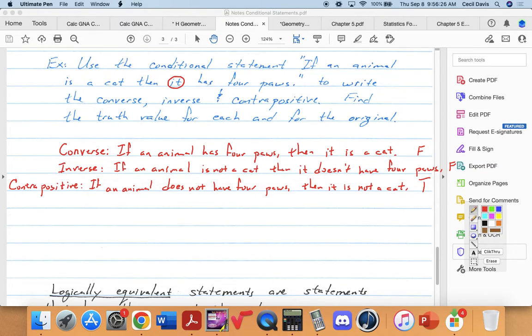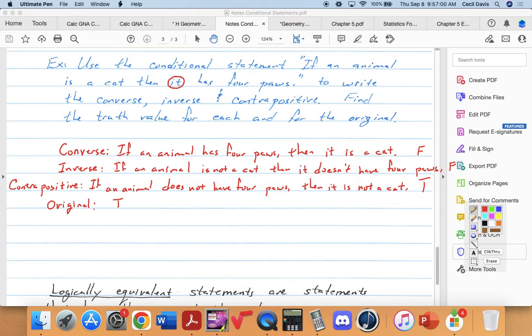If it doesn't have 4 paws, well, that's something that is part of what a cat is. What about the original? If an animal is a cat, then it has 4 paws. That's also true. It turns out that the truth value for the original and the contrapositive are always the same.